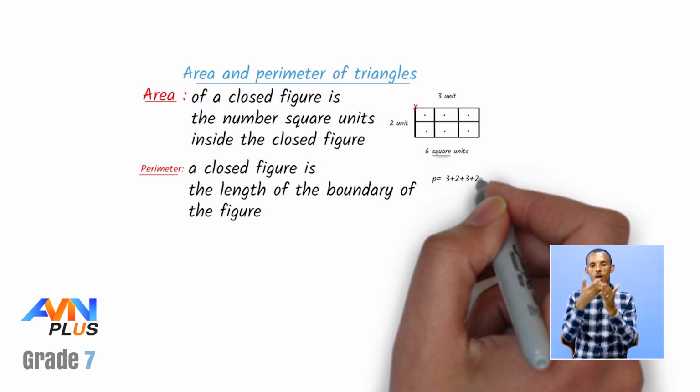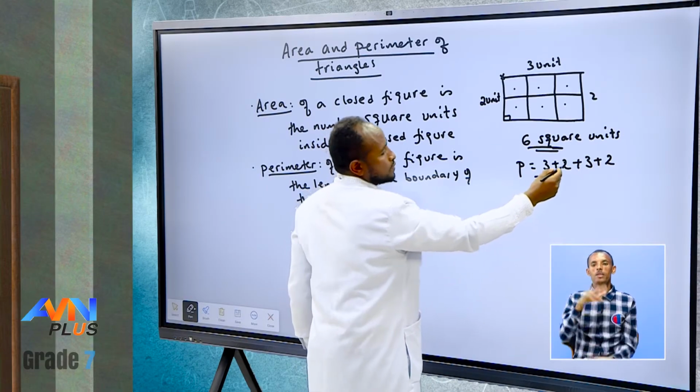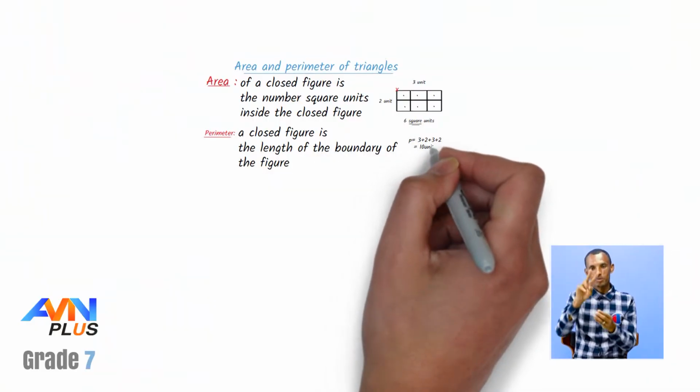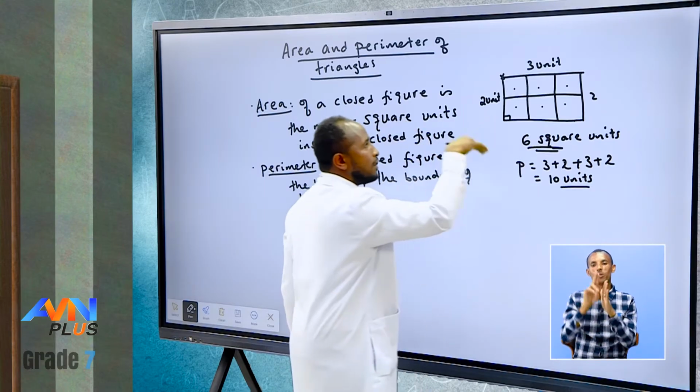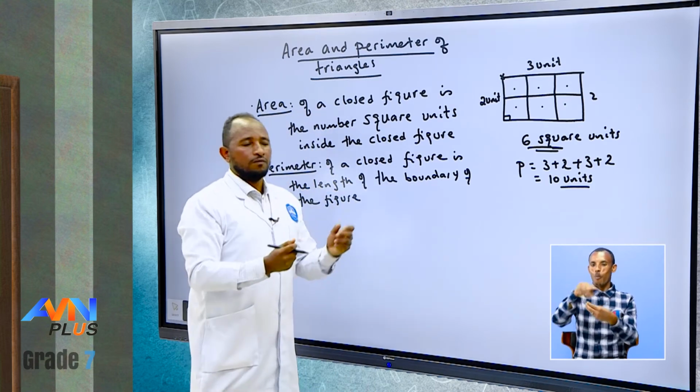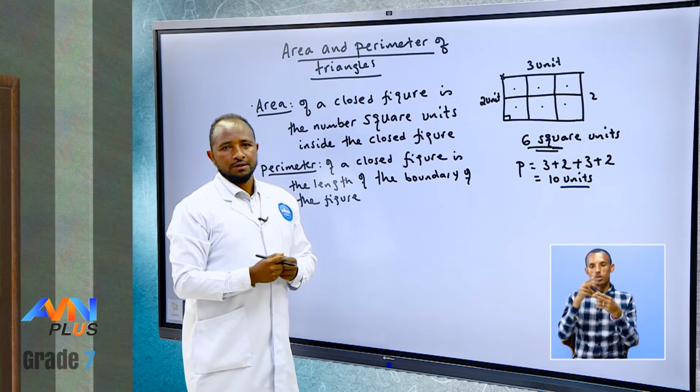Totally you have 3 plus 2 is 5, 5 plus 3 is 8, plus 2 it is 10 units. So this is the meaning of perimeter. The length of the boundary of that region is called perimeter.